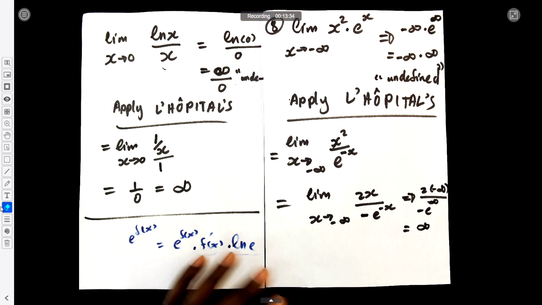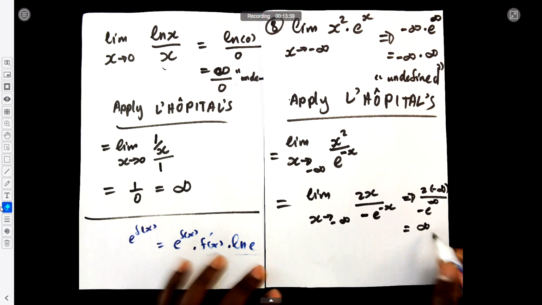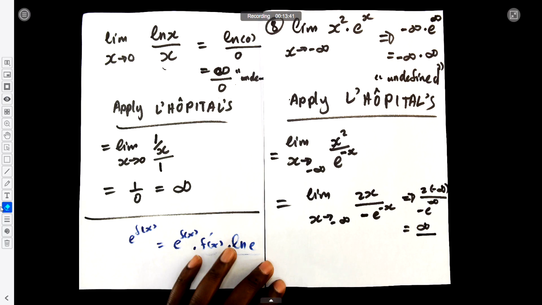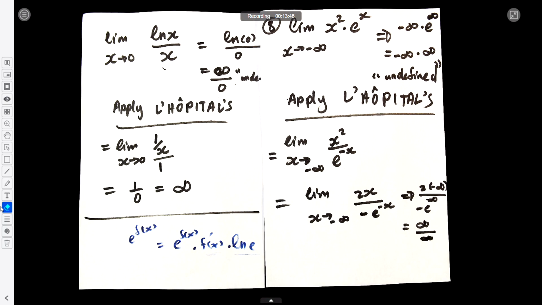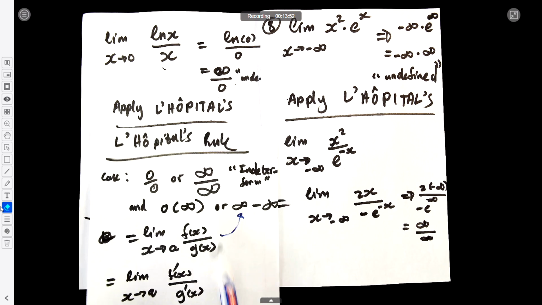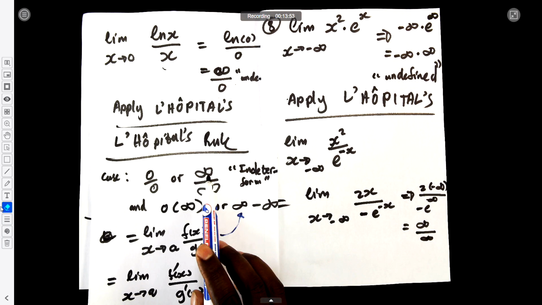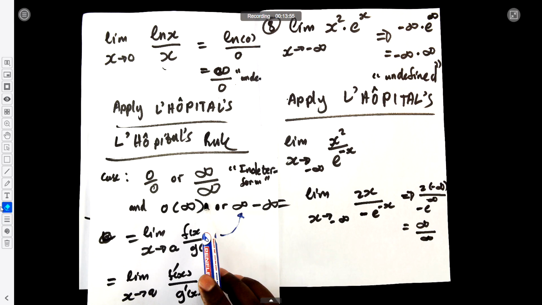It's an indeterminate form. And the lower one, e to the power of a million, you remember what it gives you? So we still have infinity over infinity, indeterminate divided by indeterminate form.